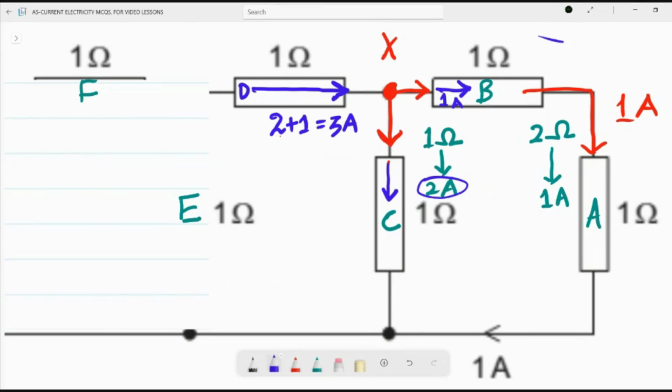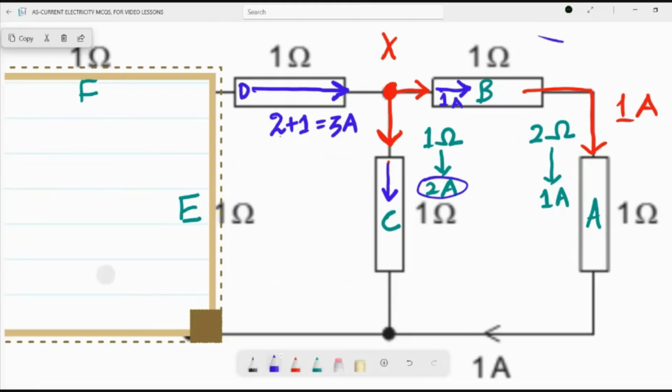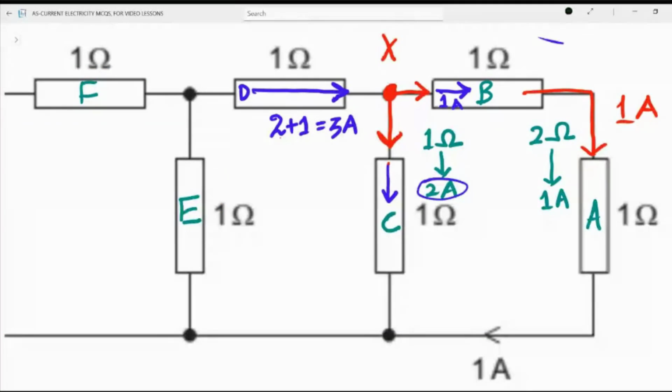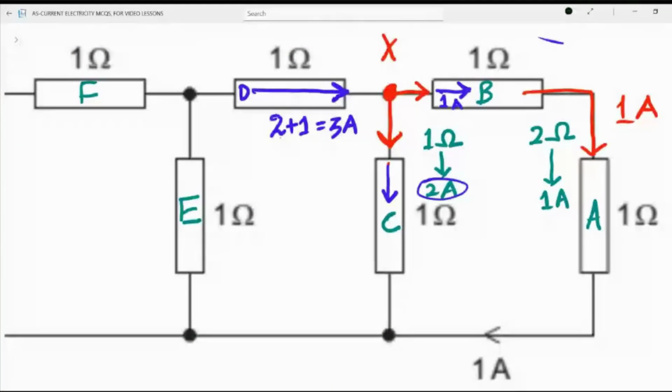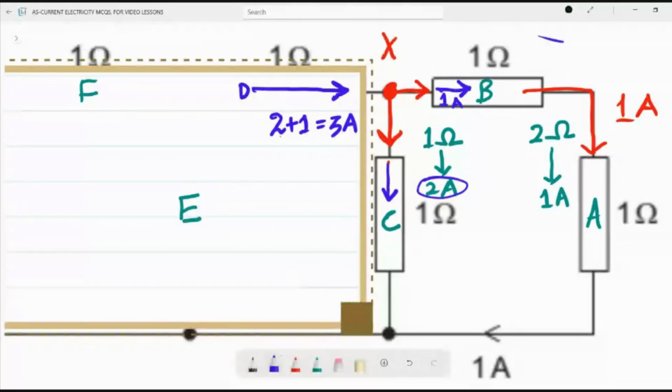Now this 3 ampere current is flowing through a certain resistance, and as I told you, here I will cover that area which is visible to you. There are two resistors in series, so its total resistance is 2 ohm. Now this third one is in parallel with that, so I can calculate the overall resistance of this whole area which is visible to you over here.